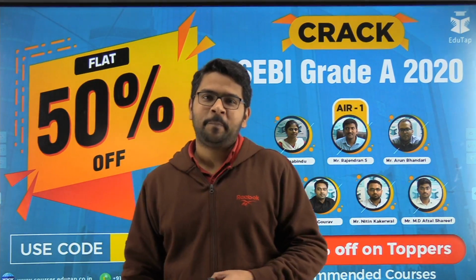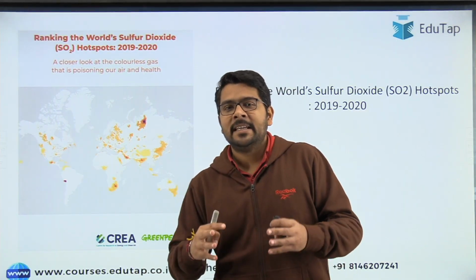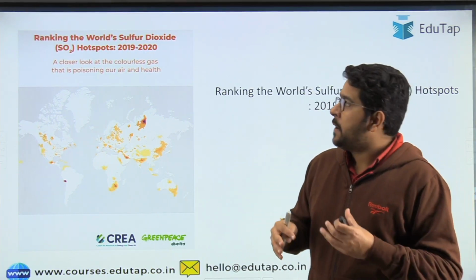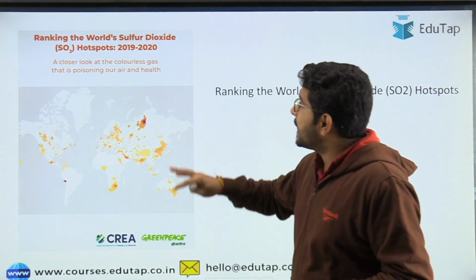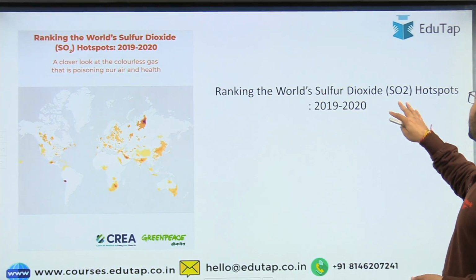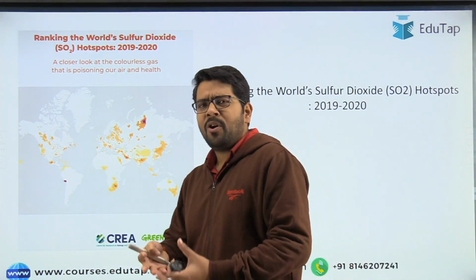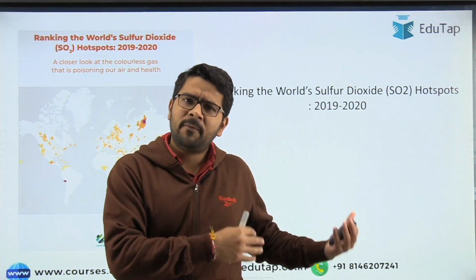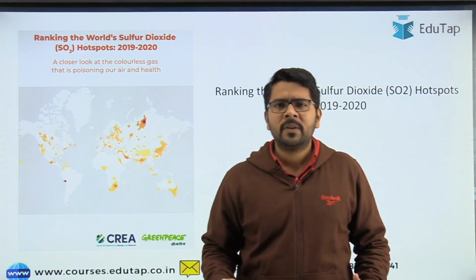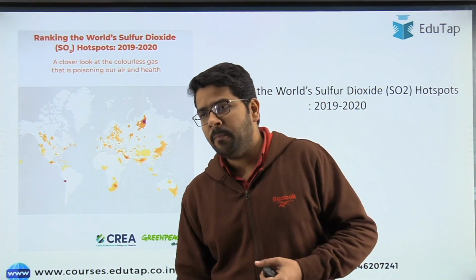Use it wisely. So guys, today in lecture 7, we're going to start with the report which is ranking the world's sulfur dioxide hotspots. So guys, hotspot emission related with sulfur dioxide, what does it have to do with the RBI exam or NABARD exam?